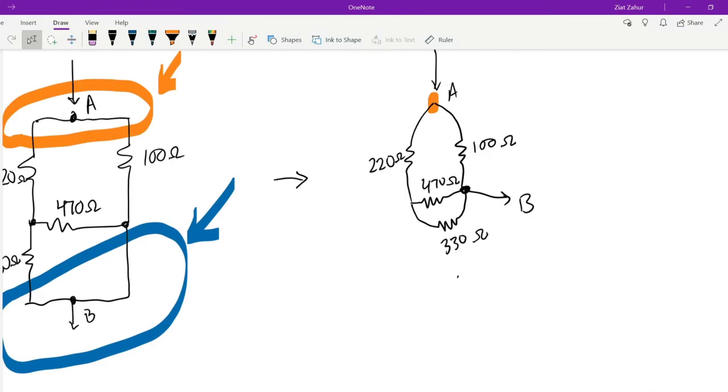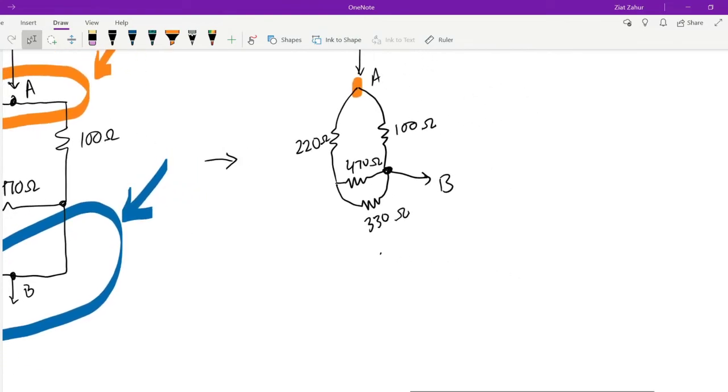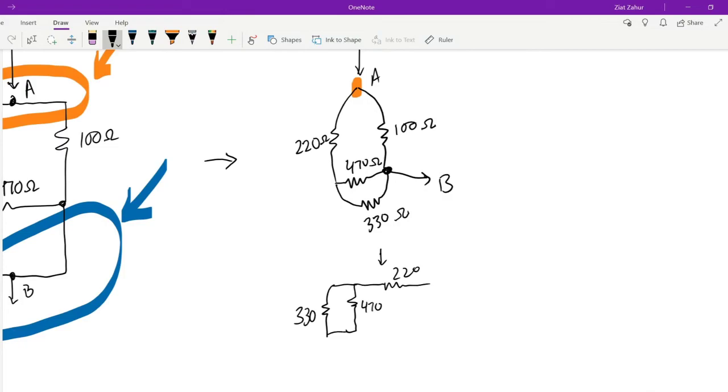All right. So what does that mean? If I look at it sideways, now look at it sideways, we have the 330, the 470, okay, and then we have the 220 up here. And the 100 here.